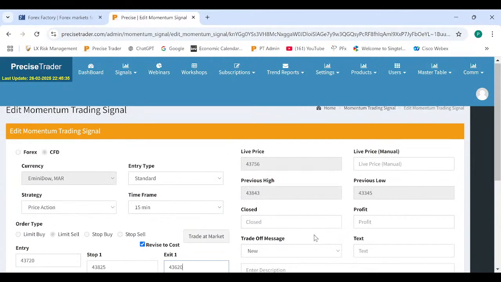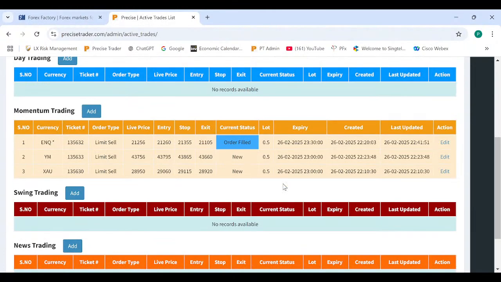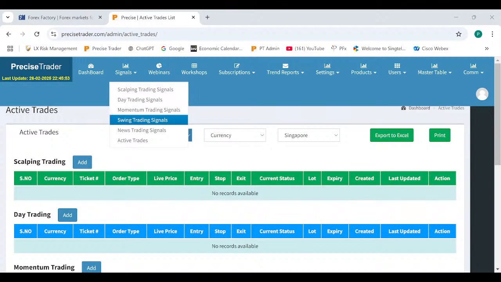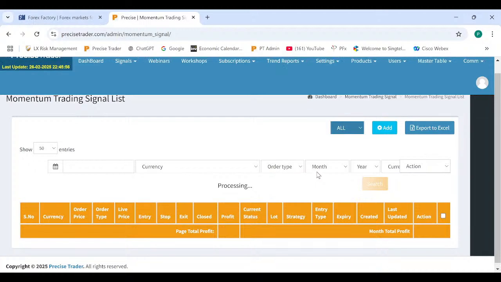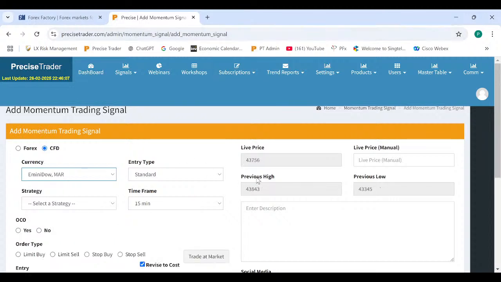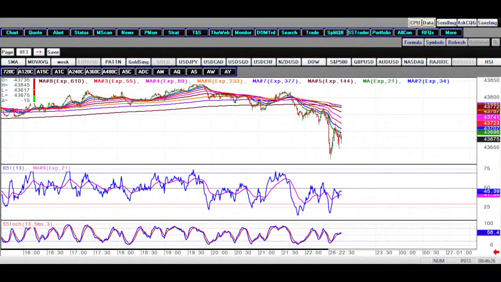I think my server is down. This is the issue now. Let me try one more time. I think this one we can't do. I think we will just type it. Now let's go into the chart and do it directly.